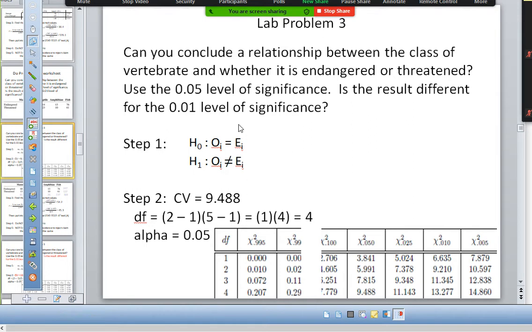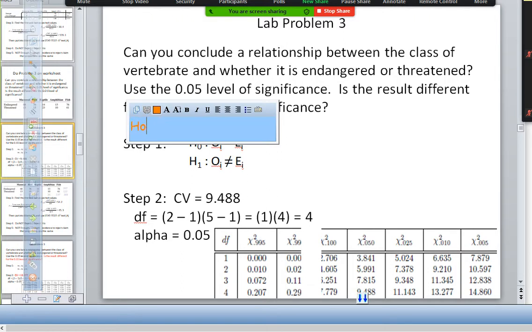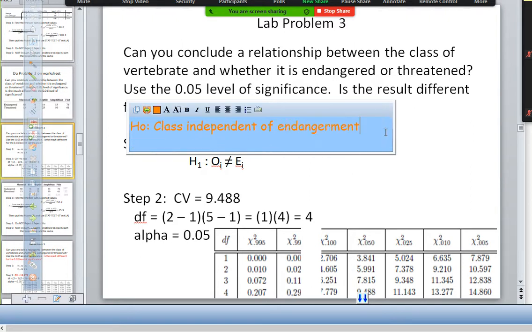And then you'd say something along the lines of H0 would be vertebrae class independent of endangerment, and then H1 would be class dependent on endangerment. So it'd be something along those lines.